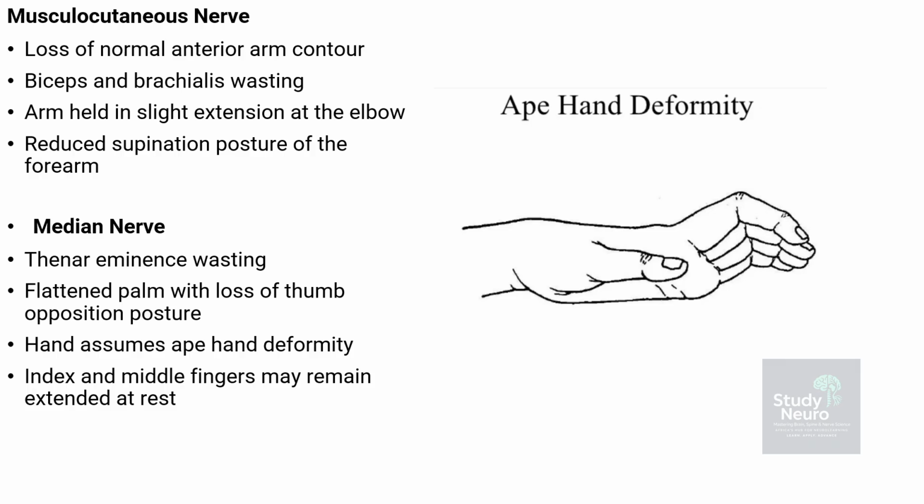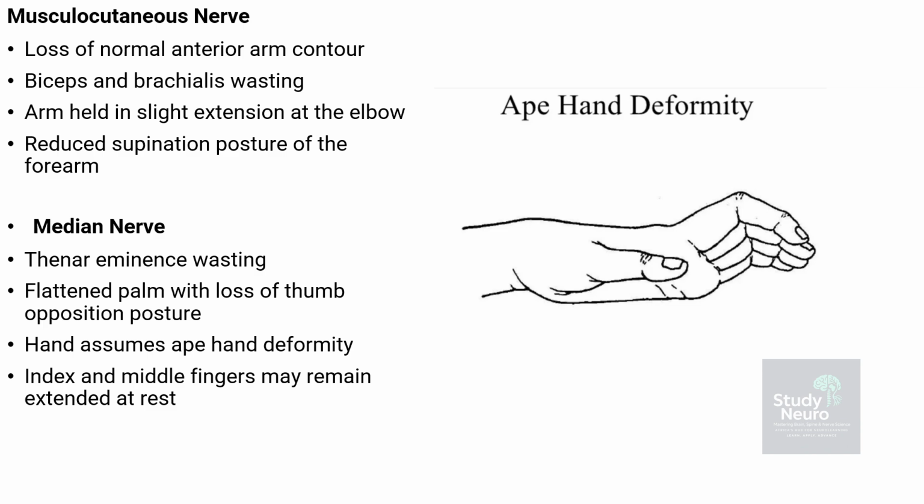For the median nerve, focus on the hand. Wasting of the thenar eminence can flatten the palm and impair thumb opposition, leading to what's commonly called an ape hand deformity. The index and middle fingers may also remain extended even when the hand is at rest, reflecting the underlying motor loss.